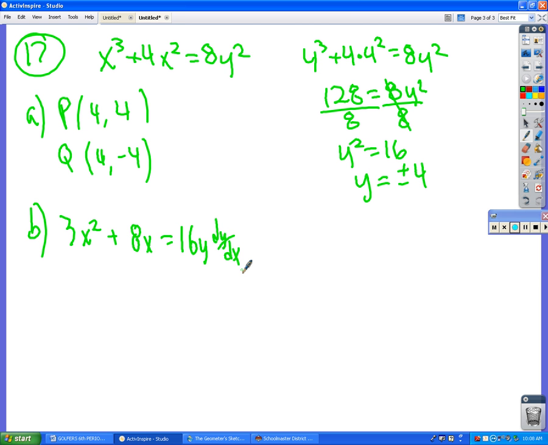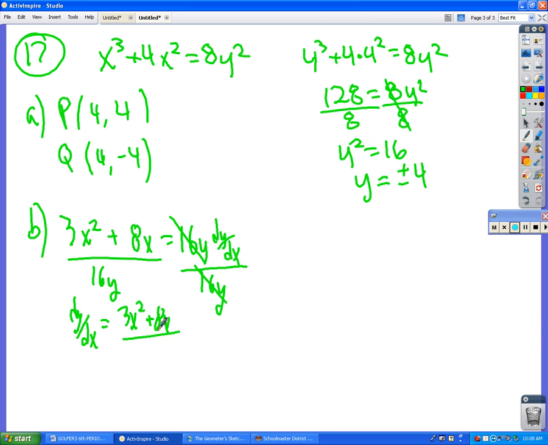So I need to solve this for dy/dx, right? That's pretty easy. Divide both sides by 16y. So dy/dx equals, I'm just going to leave it as, (3x squared plus 8x) over 16y.